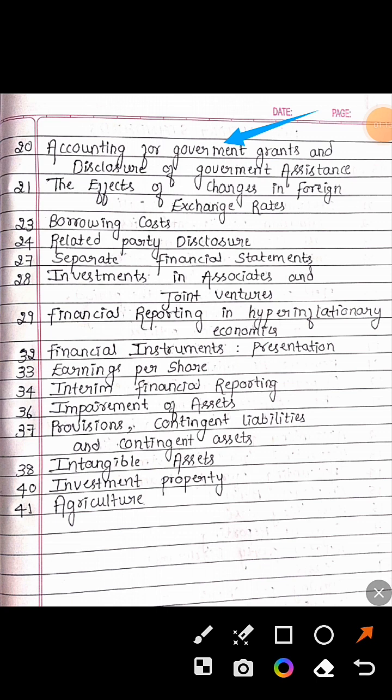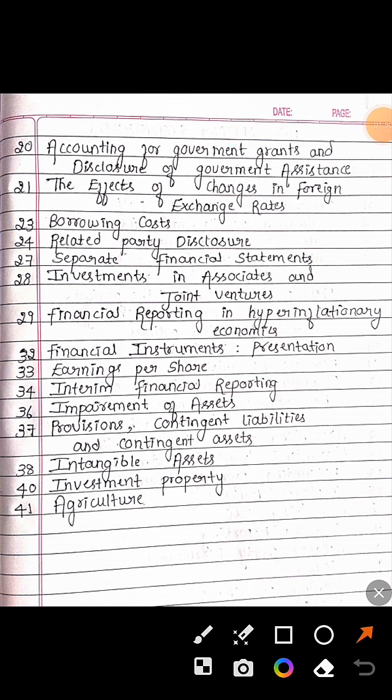On the grants which you receive from the government, we have to do the accounting based on Ind AS 20, and also the disclosure of government assistance. Take a 2 seconds break and revise it. So Ind AS 20, accounting for government grants and disclosure of government assistance.